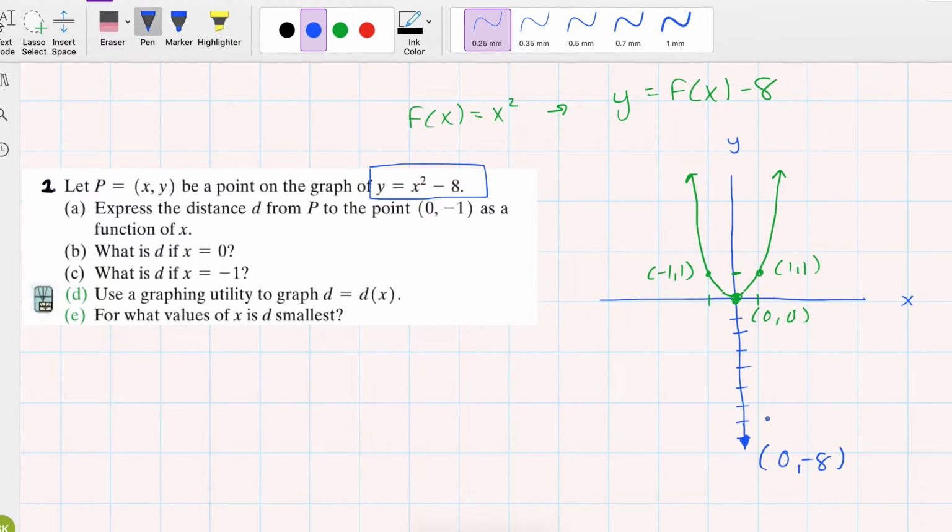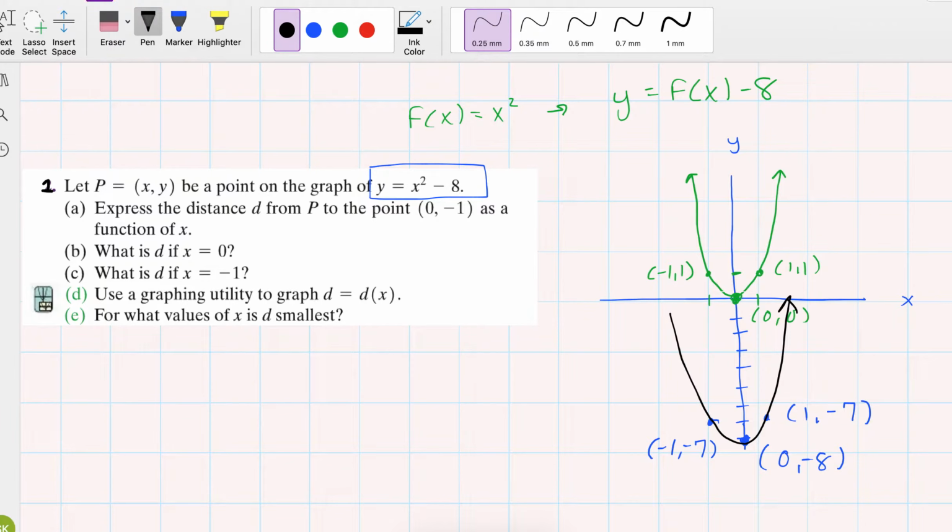This (1, 1) becomes (1, -7). And this (-1, 1) is now (-1, -7). And we can draw the new function that goes through these points. It's going to look something like this.